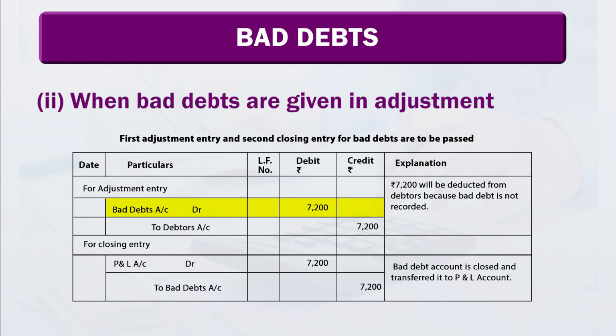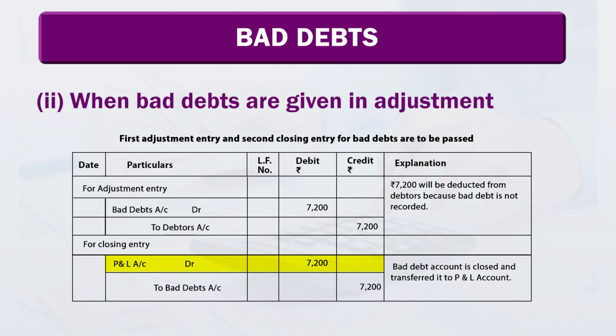So, bad debt account is our loss, to be debited by 7,200 rupees, and to that extent we have to reduce the value of our debtors, 7,200 rupees. It means rupees 7,200 will be deducted from debtors because bad debt is not recorded. And now, bad debt account is our loss account or expense account. We have to close this and it is to be transferred to profit and loss account.